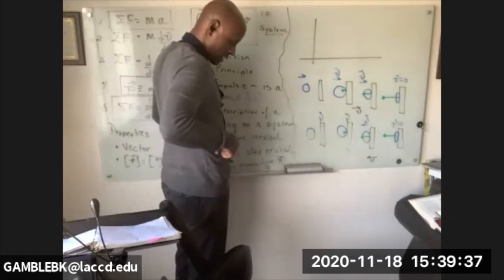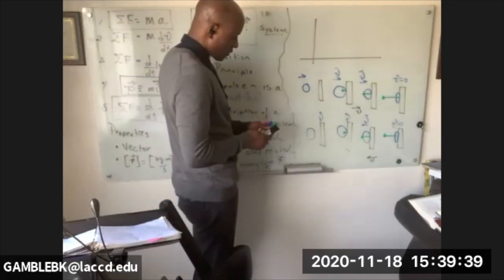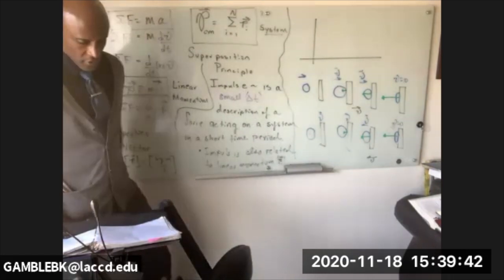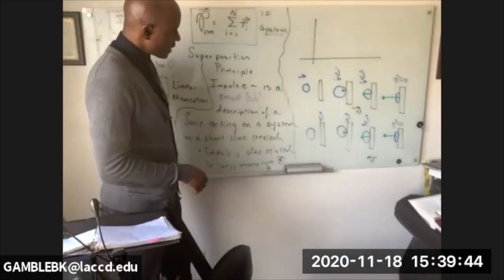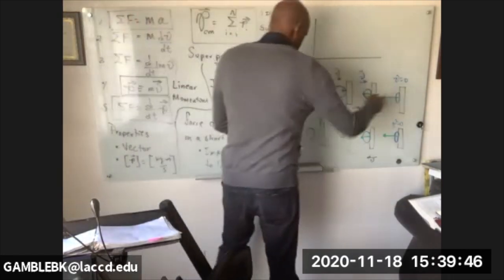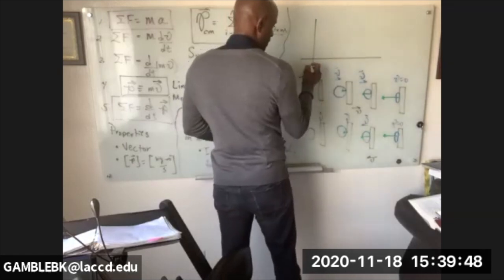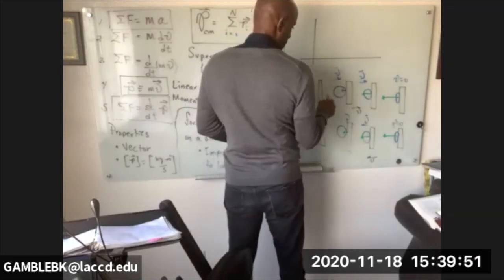So if I wanted to sketch out a curve that represented the force per unit time during the entire time of the collision, T naught is 0, and that starts here.